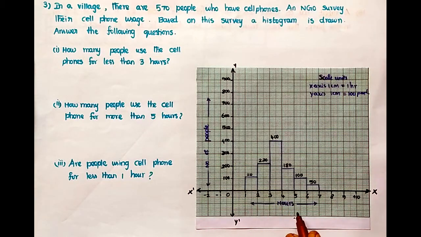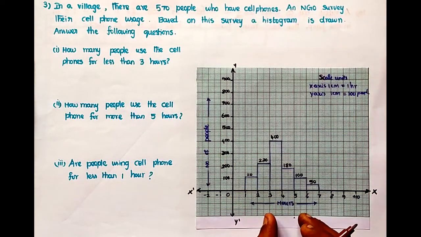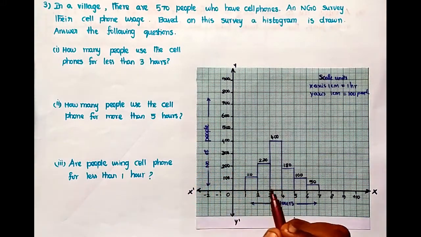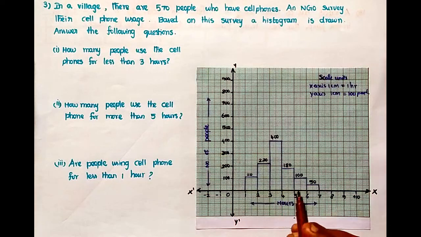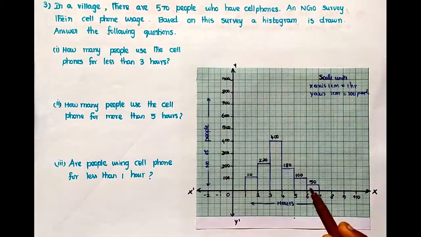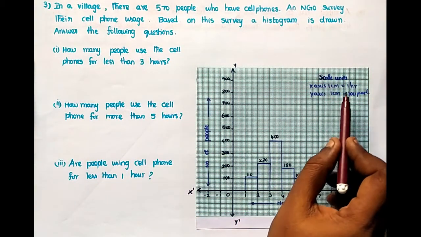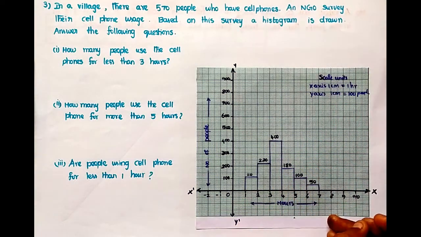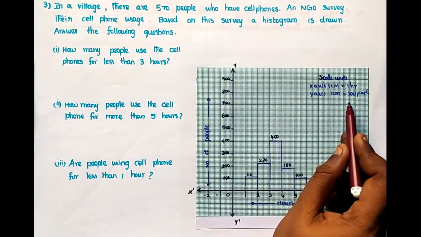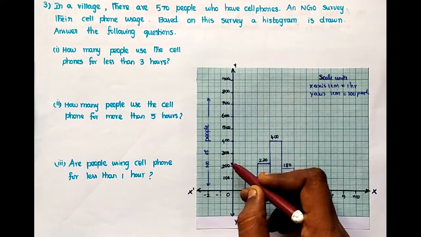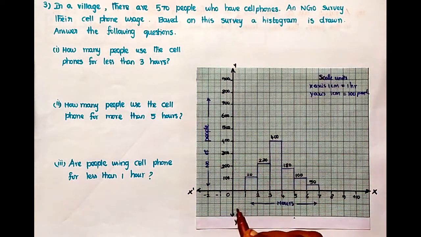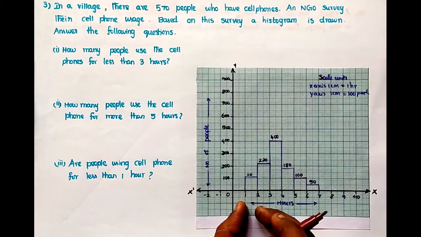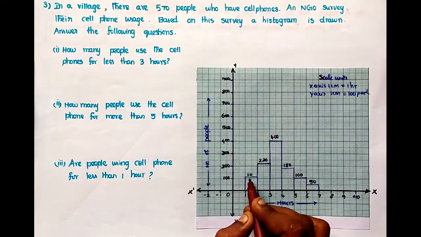Here the x-axis is the number of hours and the y-axis denotes the number of people using cell phones. Scale units: x-axis 1 centimeter equal to 1 hour and y-axis 1 centimeter equal to 100 people. Listen, 1 to 2 hours. How many people use the cell phone?